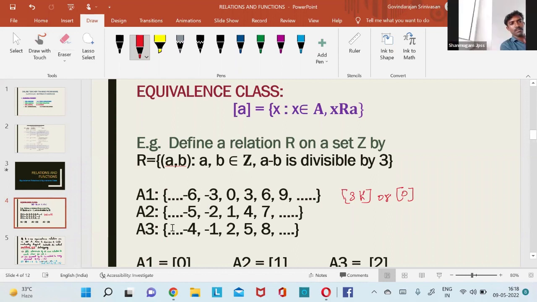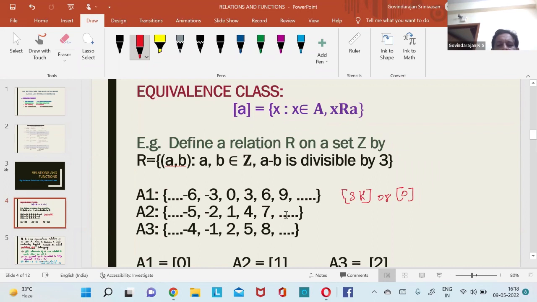This subset A1 is called the equivalence class of 0. Then another subset, A2, has minus 5, minus 2, and so on. Any two elements you take, the difference is divisible by 3. Suppose A is 1 and B is 4; 1 minus 4 is divisible by 3. So for any two elements A, B, A minus B is divisible by 3.